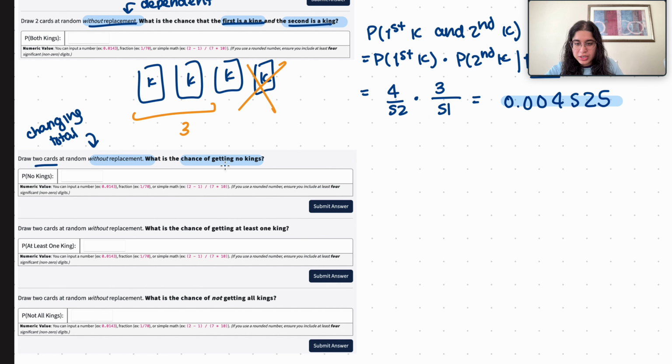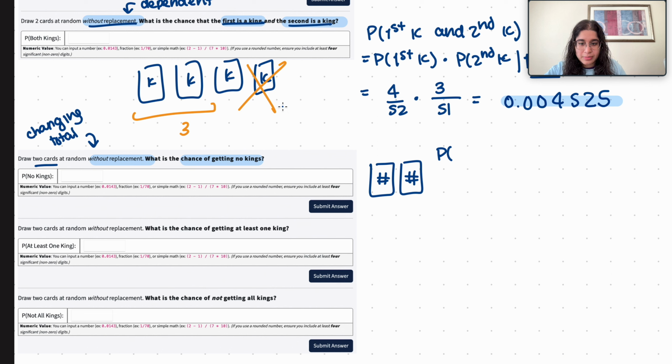Getting no kings is the same thing as saying the first card should be any number which is not a king, and the second card should also not be a king. Out of a whole deck of cards, 4 cards are kings, which means 48 cards are not kings.